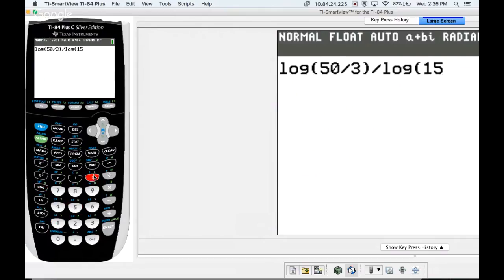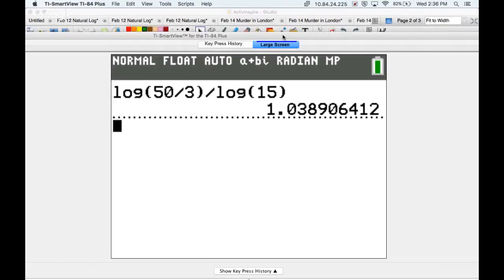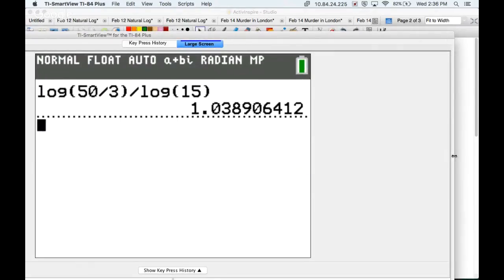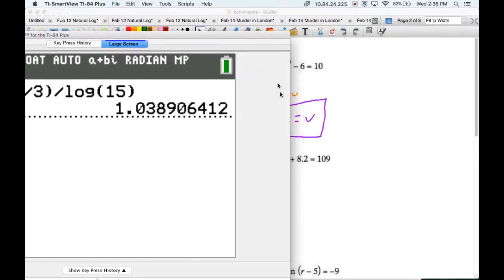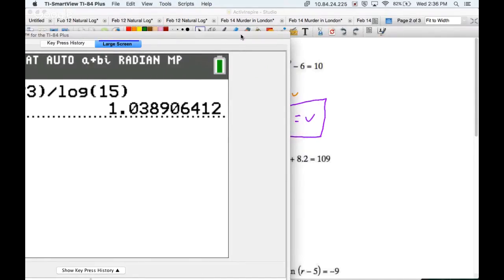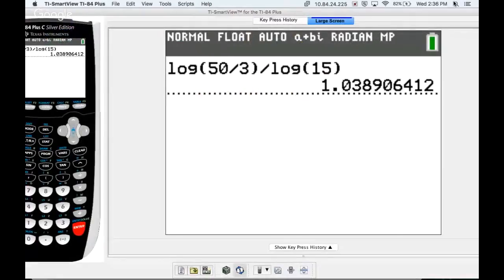This is our change of base formula. I've changed it into base 10 by doing log of the argument divided by log of the base, and I get that same number that when I divide it by 8, I get my correct answer for V.